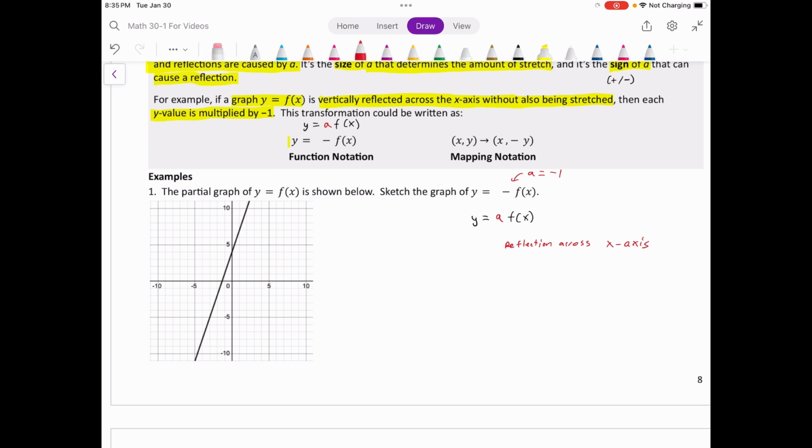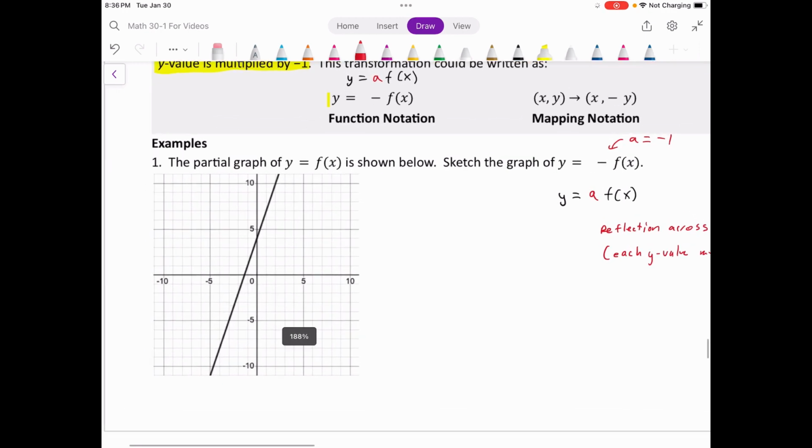What does that mean in terms of what we're going to do to every y? Each y value multiplied by -1, right? We always just multiply the y value by a if there's an a value. Here, we can see that our a is -1.